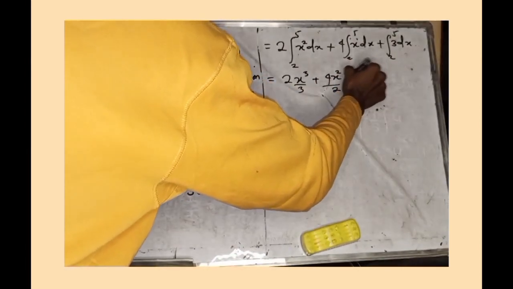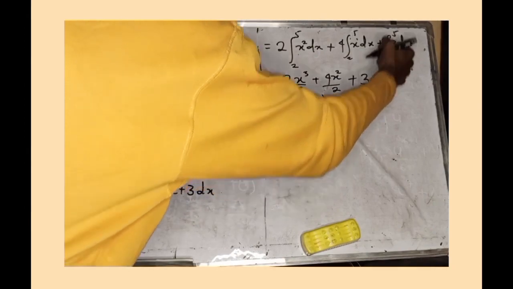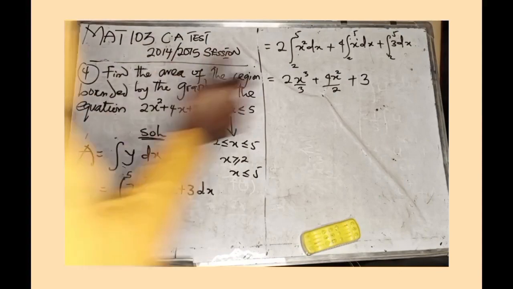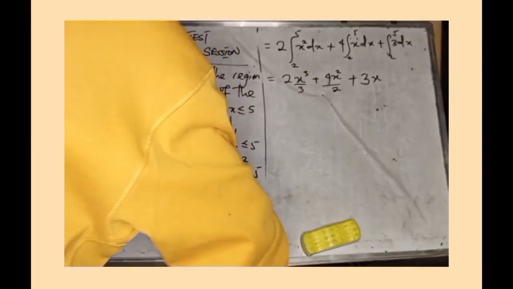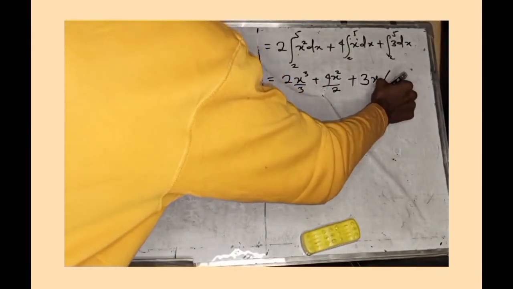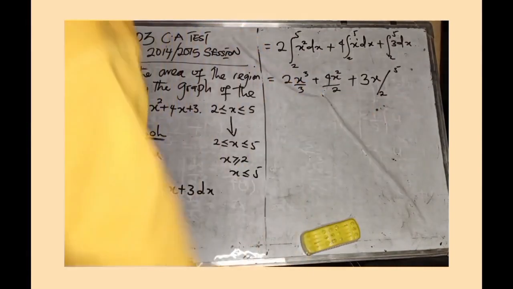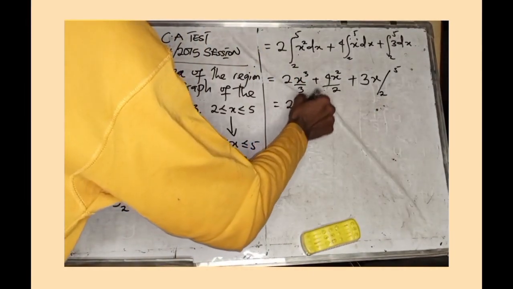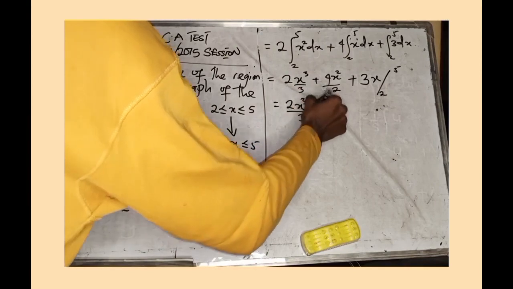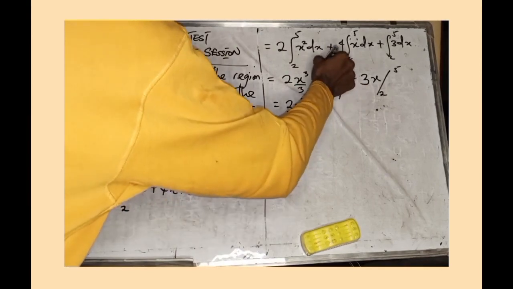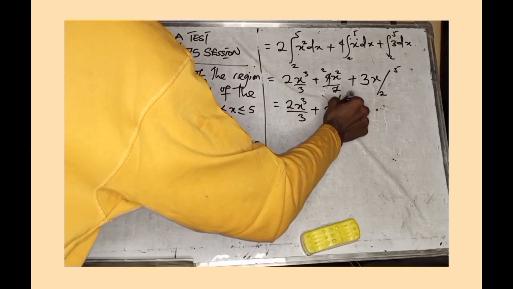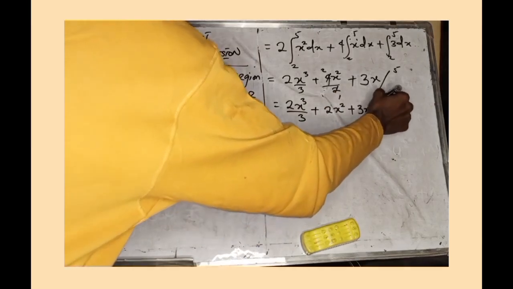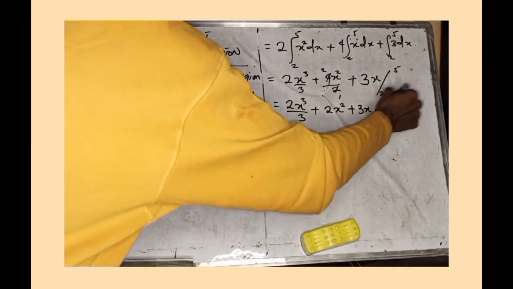Then plus, if I integrate 3 on its own, it gives me 3x with respect to x. So the boundary is from 2 to 5. Now here will give me 2x power 3 divided by 3, plus 2 square plus 3x here, now with the boundary 2 to 5.